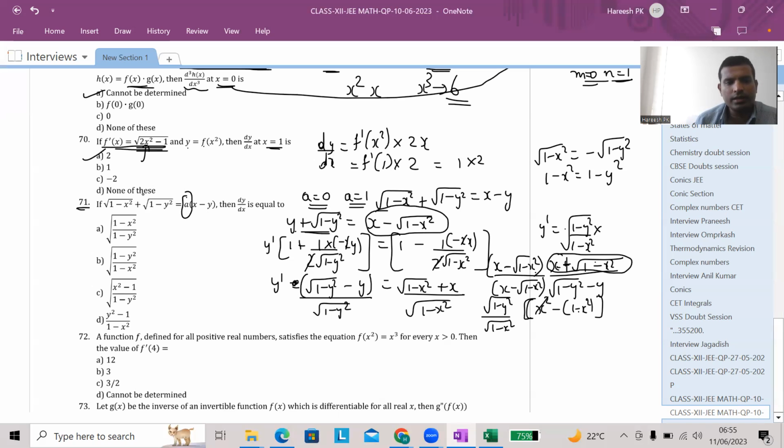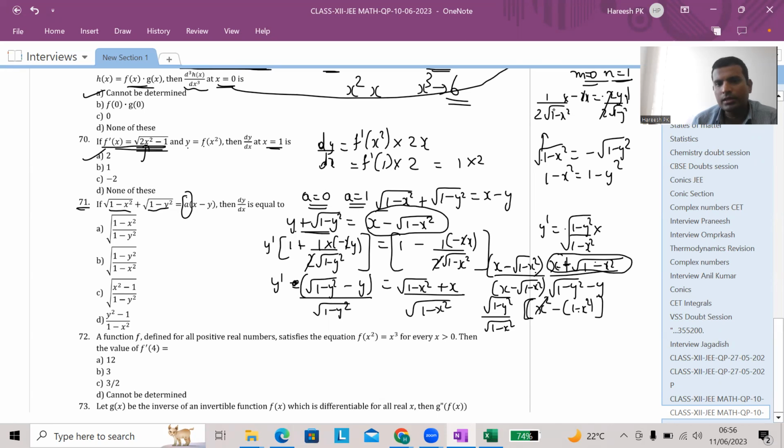So when I directly differentiate this, I'll end up getting x equals plus or minus y, right? So now when I differentiate this directly, I'll end up getting 1 by 2 root 1 minus x square into minus 2x is equal to 2y by 2 root 1 minus y square into y dash.